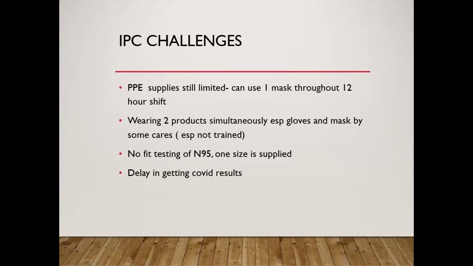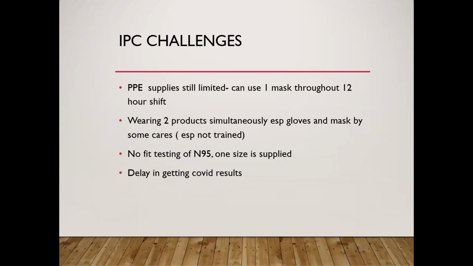And then we've got the challenges that we are facing despite all the interventions that we have attempted to put in place. Like for personal protective equipment, it's still limited, as elaborated by the first speaker. Some shifts are 12-hour shifts, and the nurses and other personnel are using one mask throughout the 12 hours due to the shortages.